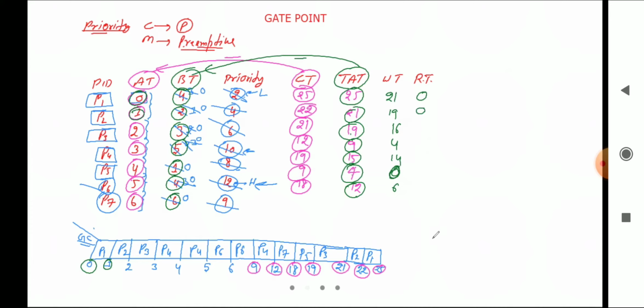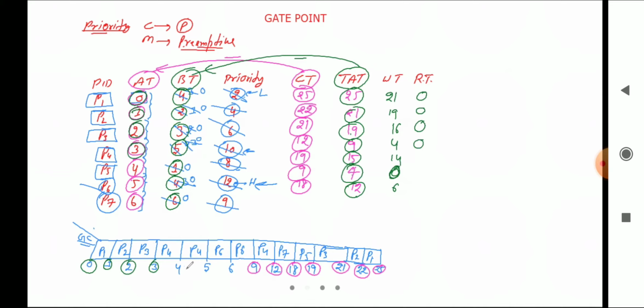So again immediate response. Okay, for P3, arrival time is 2, and 2 minus its arrival time, first response minus arrival time, 2 minus 2 is again 0. Next for P4, first response at this place, so 3 minus its arrival time, 3 minus 3 is again 0.